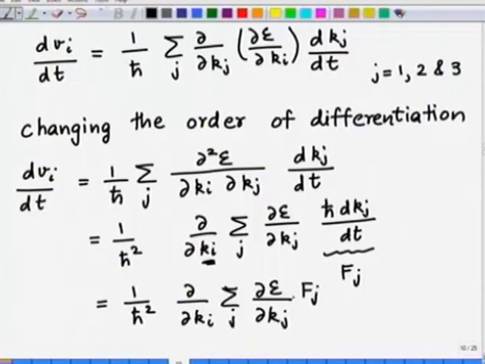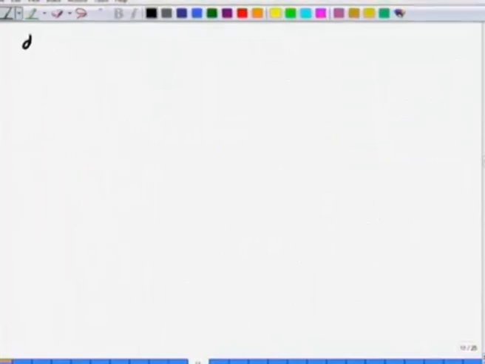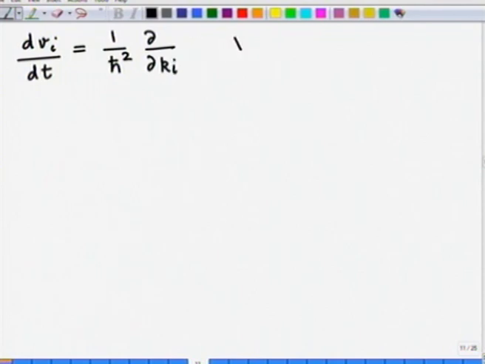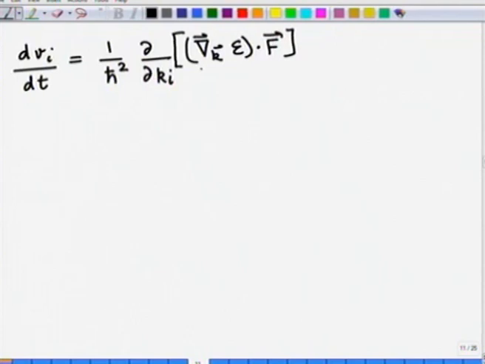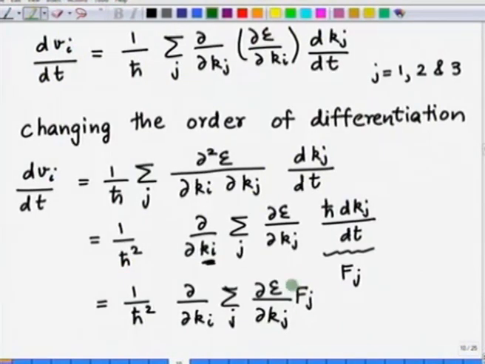Alternatively I will write this as 1 over h bar square del by del k_i of, now, del E dot f. This is the gradient taken with respect to k, and dot f will give me this summation quantity right here.